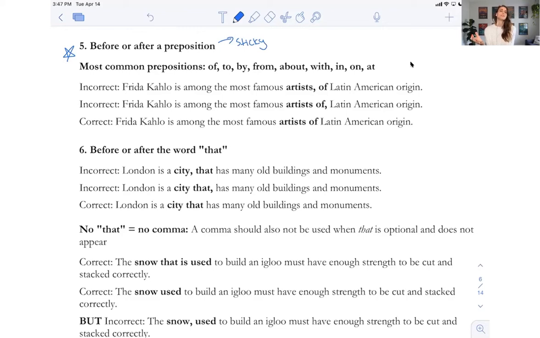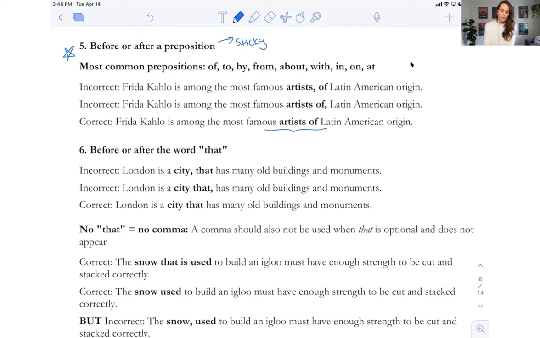So if I see a comma or a semicolon right before a preposition, I'm going to be really careful examining that sentence to see, do I really need that punctuation? Because the preposition is sticky. It wants to be stuck to whatever words are right next to it and not have a comma to share that space with. So right here, our correct answer choice would be the last one.